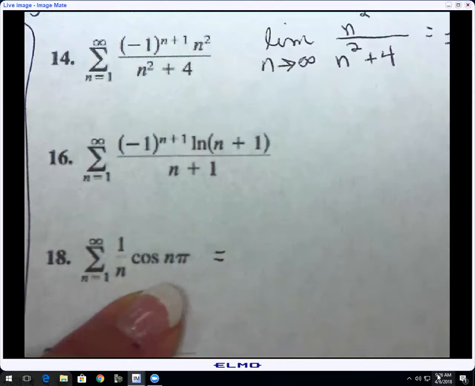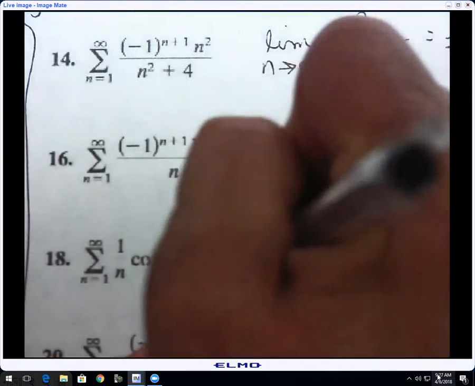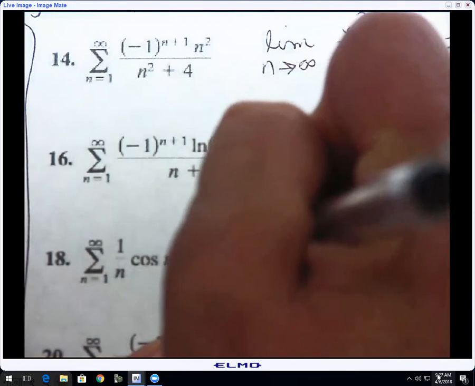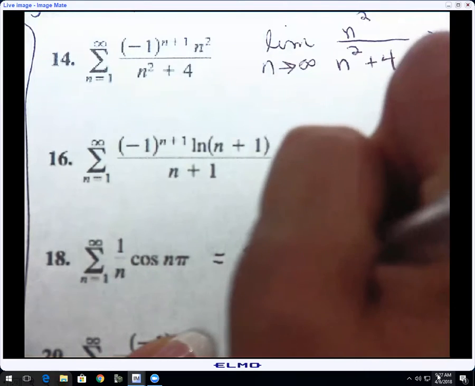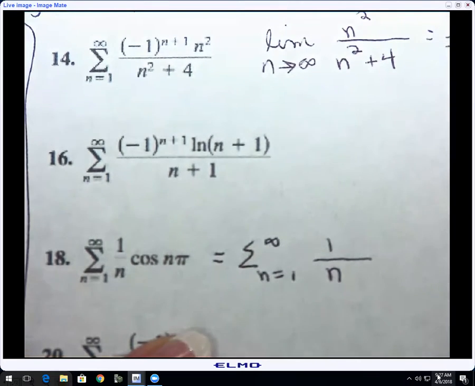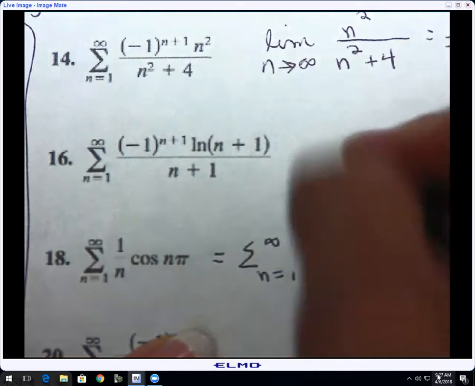So let's write this as an alternating series. Sum n equals 1 to infinity of 1 over n. But we've got to have that +1, -1 alternating sign.